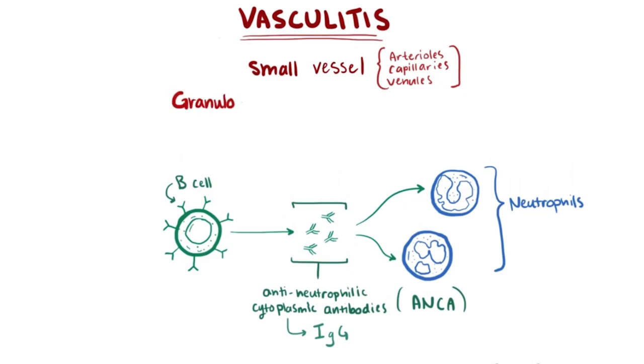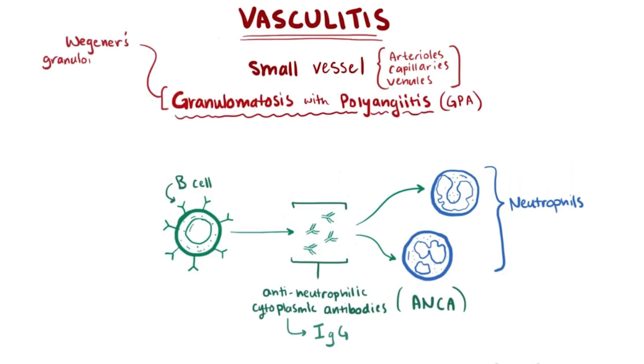The disease granulomatosis with polyangiitis, or GPA, which used to be called Wegener's granulomatosis, is one of these small vessel vasculitides. The B cells release an autoantibody called cytoplasmic anti-neutrophilic cytoplasmic antibody, or c-ANCA.